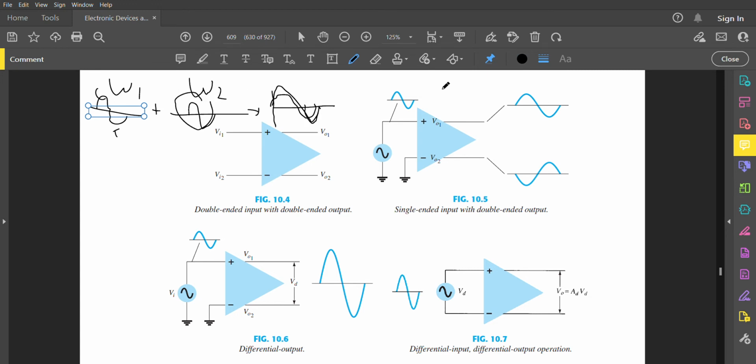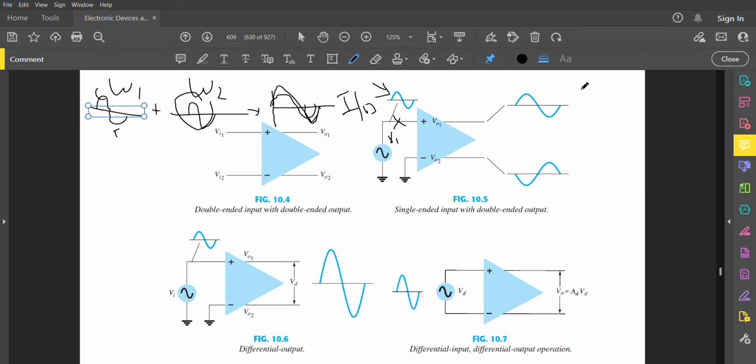If I apply a signal here, suppose V1, this signal gets amplified and it is in the same phase as the input signal. So this is our input, and this is our output.